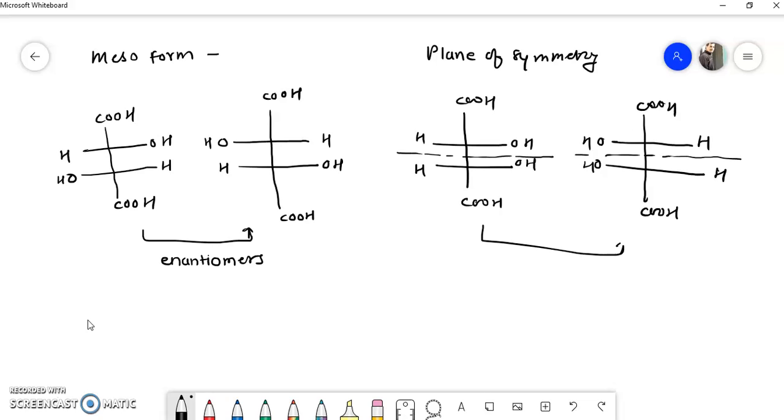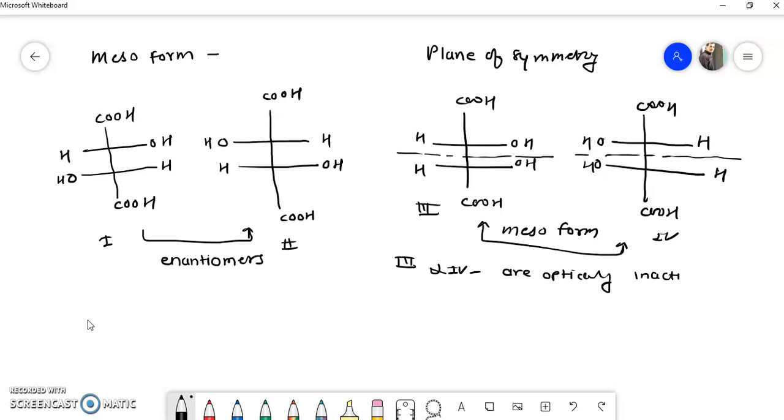Such forms are called mesoform. Remember, mesoform. If we give the numbers 1, 2, 3 and 4 to the structures, we can say structures 3 and 4 are optically inactive. Why are they optically inactive?